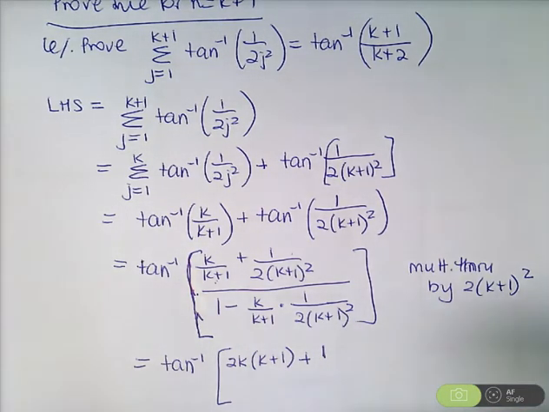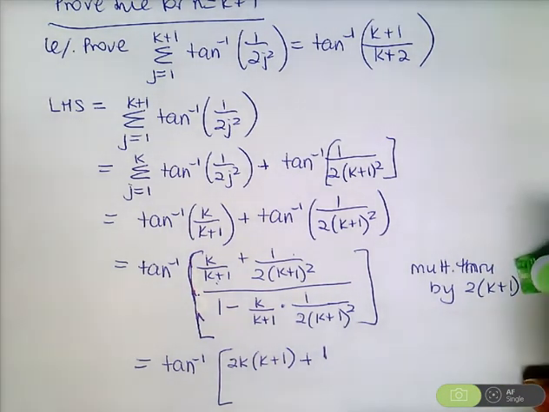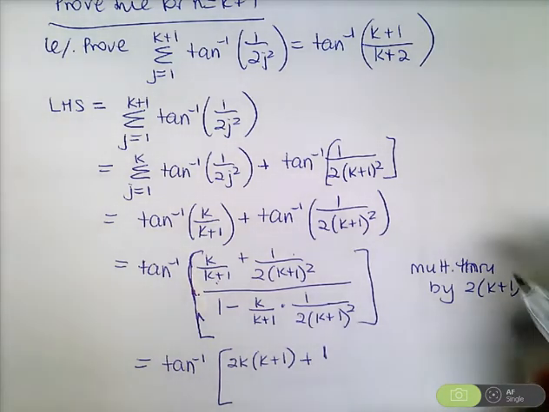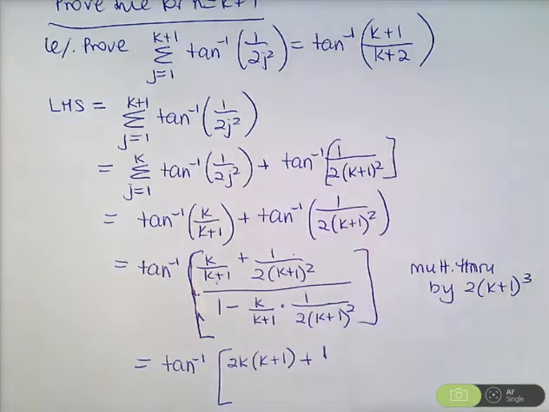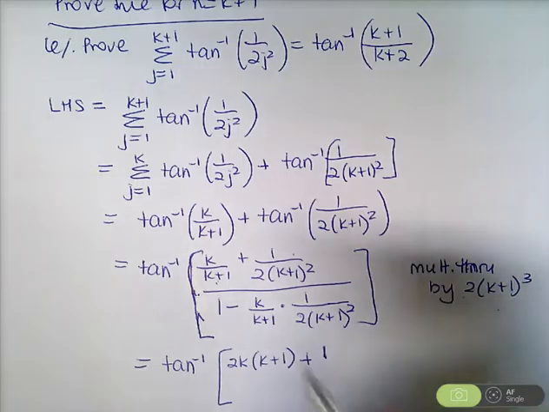Actually, we're not multiplying by 2 bracket k plus 1 squared. We're multiplying by 2 bracket k plus 1 cubed, because we've got k plus 1 times k plus 1 squared, so sorry about that. So we're multiplying through by 2 bracket k plus 1 cubed.